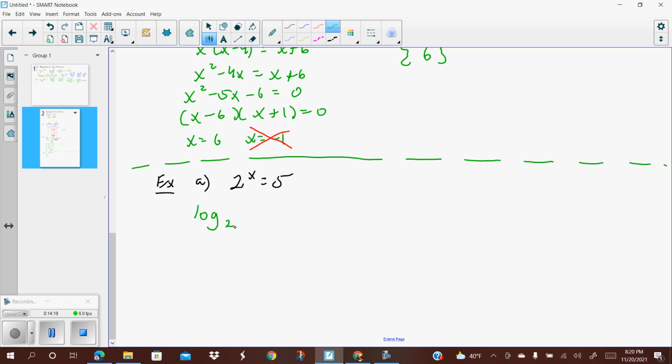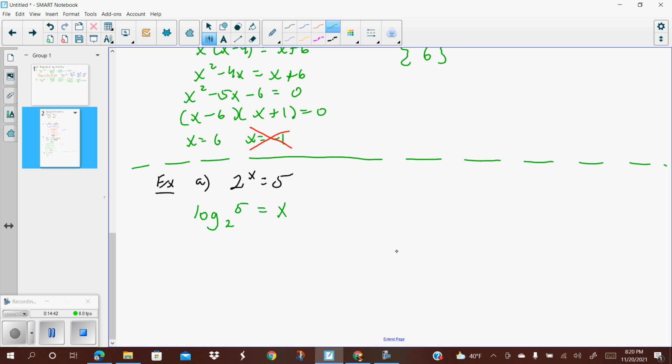Remember that a log is an exponent. So we're going to set this equal to the exponent, which is x, which means that the 5 has to be the argument of the log. That's what we're taking the log of. So x then equals the log of 5 base 2. That is an exact answer. Okay, you have solved for x.